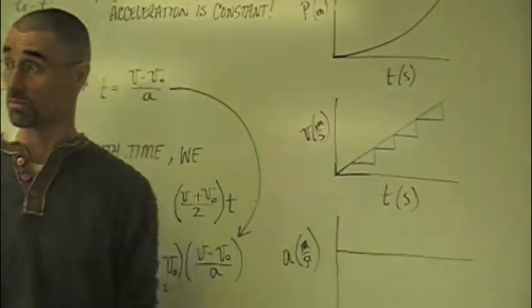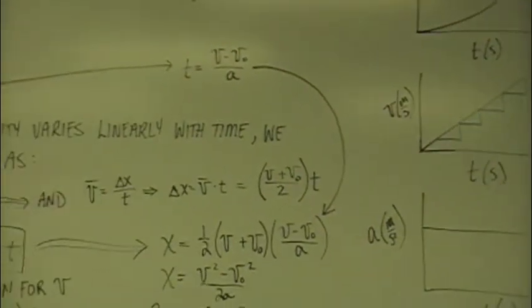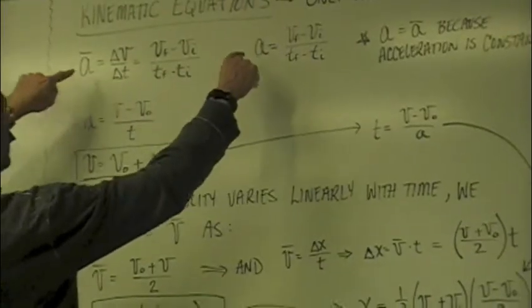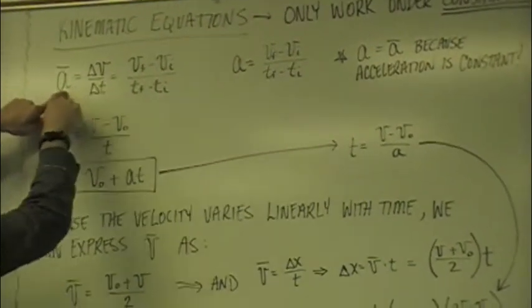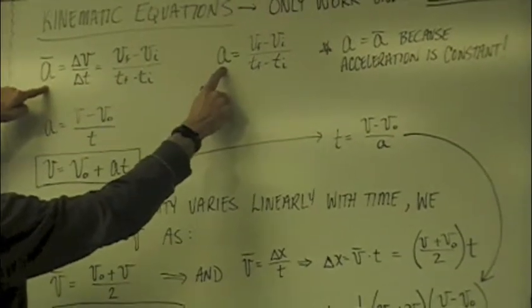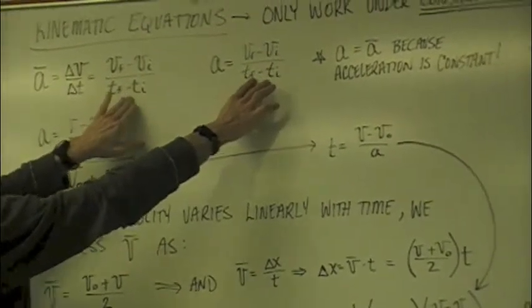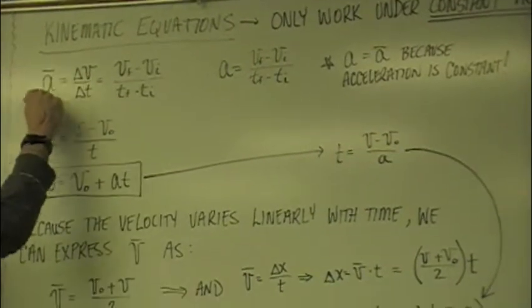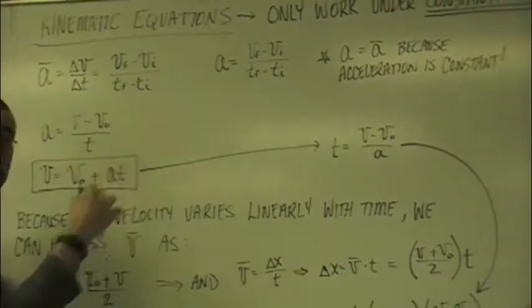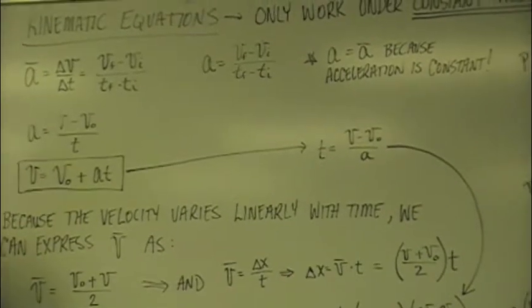Because it's linear, okay? So because of that, we can say that average acceleration and instantaneous acceleration are basically equal to the same thing. Would you guys all agree? Okay? And just to review, A bar means average acceleration, A means instantaneous acceleration.